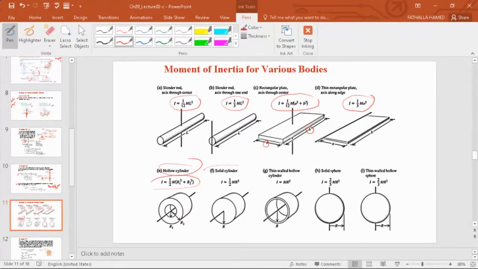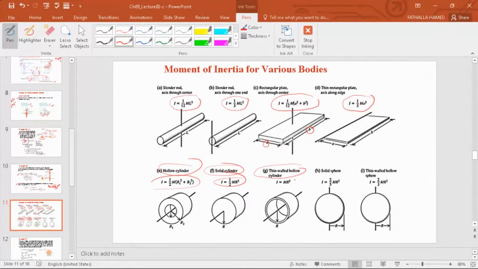What happens if the cylinder is solid? Then it will be 1/2 mr squared. And of course, this is the moment of inertia there. How about if it is a thin-walled hollow cylinder? So what will be the moment of inertia here?